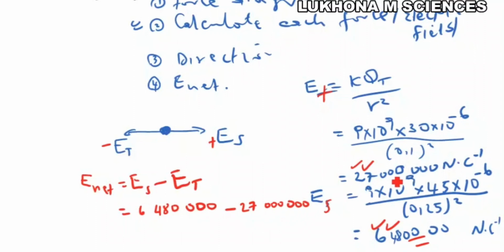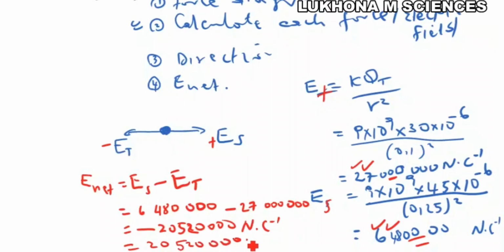Then we press the calculator. The final answer is negative, 20,520,000 newton per coulomb. Since it is negative and we said west is negative, the direction is west. Then that is the last question.